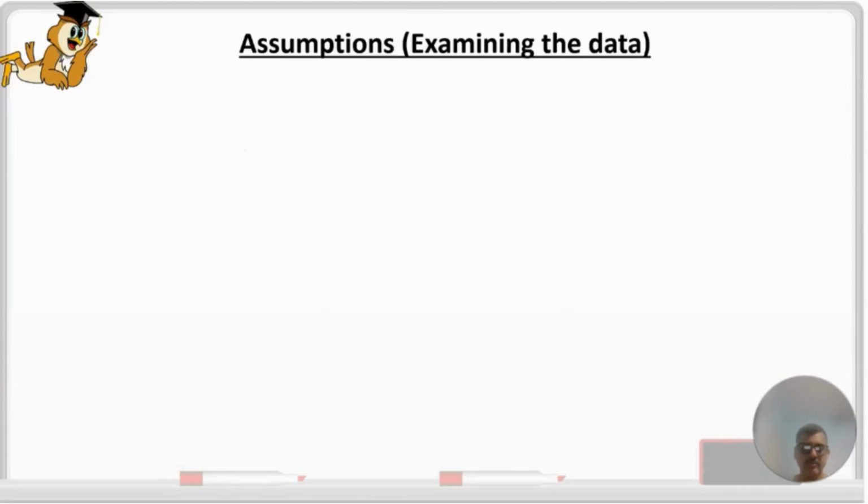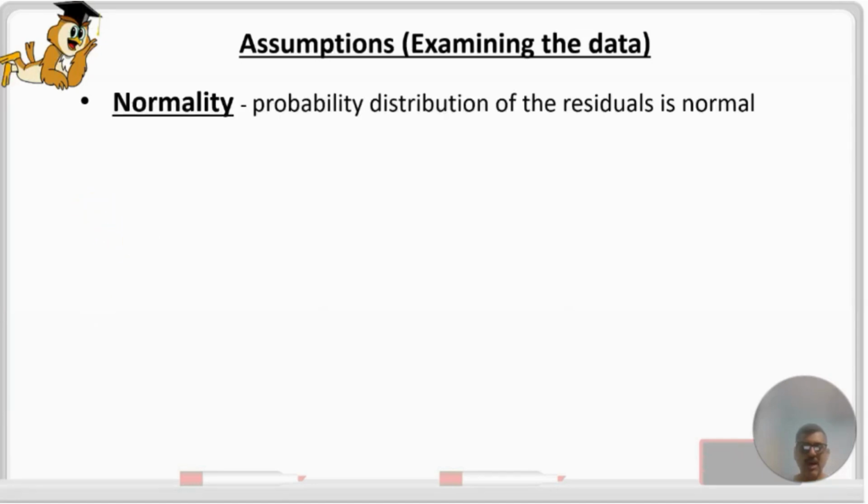Next assumption: normality. This assumption says that the probability distribution of the residuals is normal. What do we mean here? This, for example, is a hyperplane that you got by running your linear regression, and the training points are shown by black dots here.